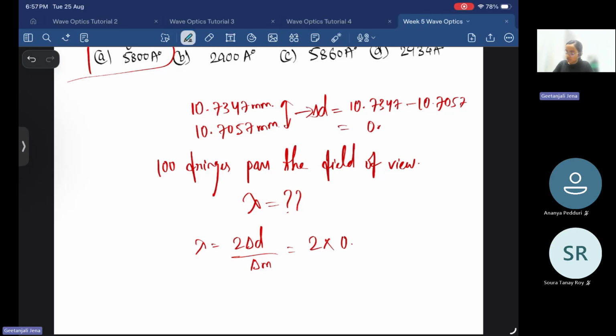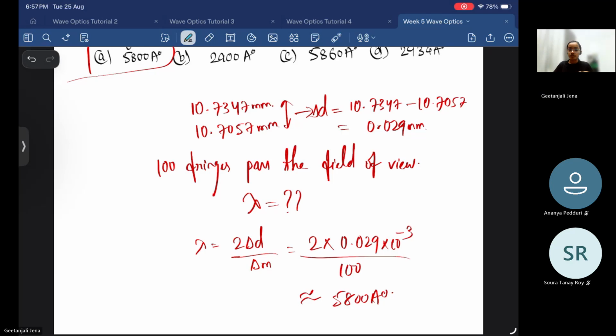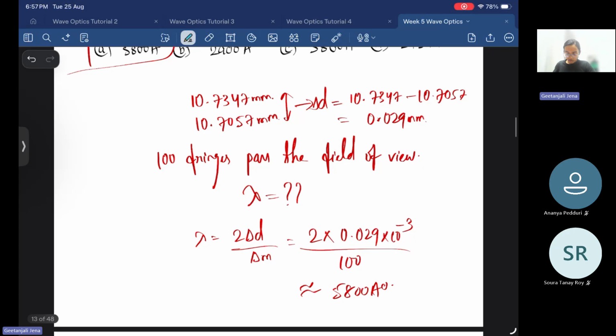So this will give 0.029 and 100, which will be 5800 angstrom. Okay, so let us move to our next question.